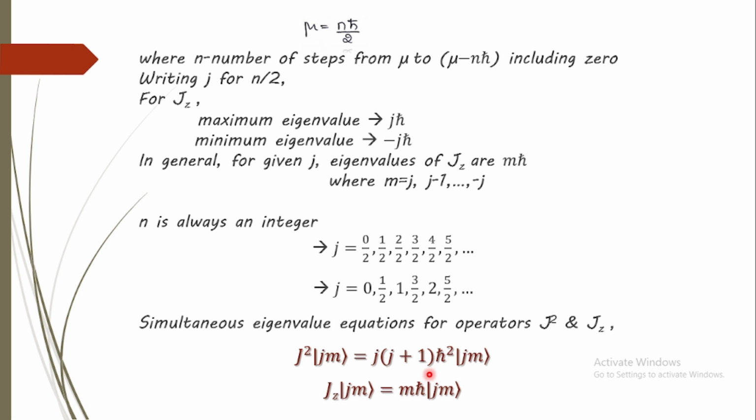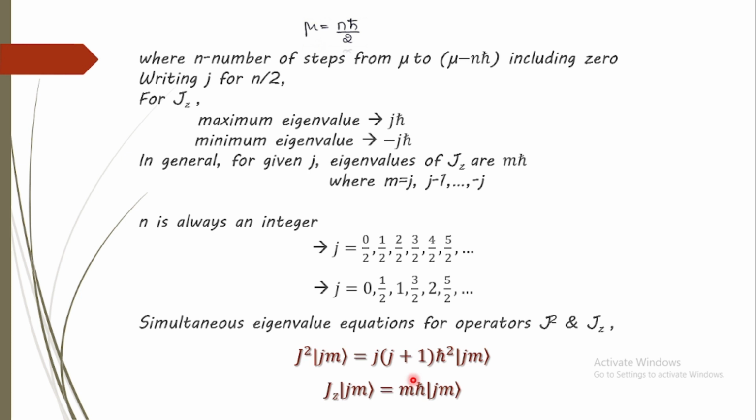So here lambda is equal to j into j plus 1 into h cross square. So whatever equations we have got, which show the eigenvalue and the eigenfunction corresponding to these two operators, is explained, and also how a lowering and raising operator works is justified.